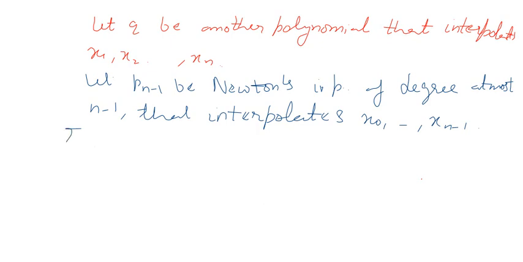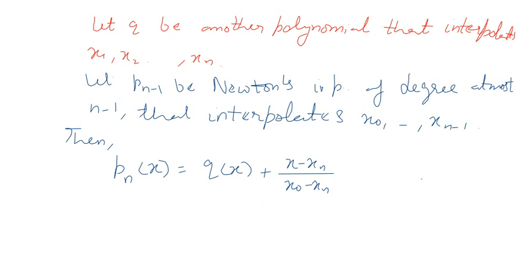Then Pn of x can be obtained as q of x plus x minus xn divided by x naught minus xn times Pn minus 1 of x minus q of x.